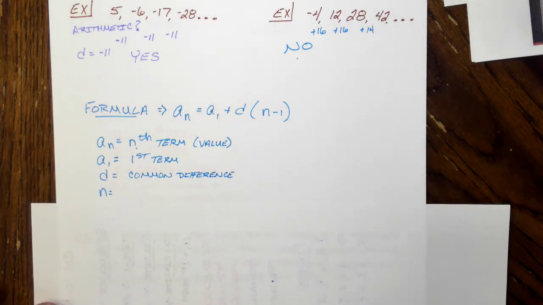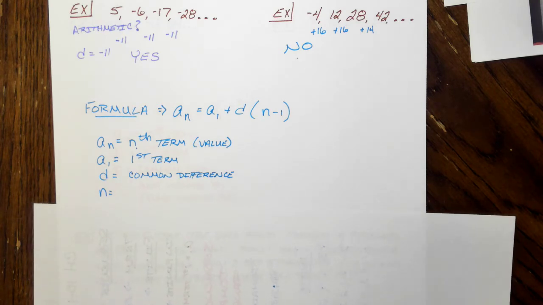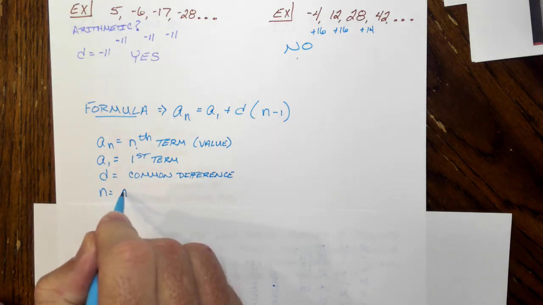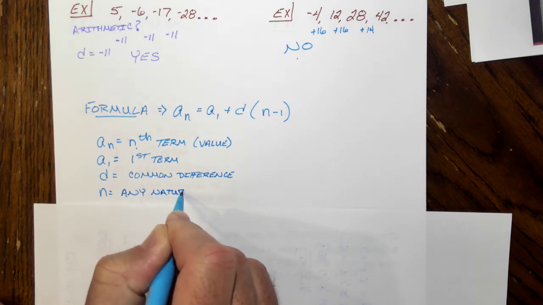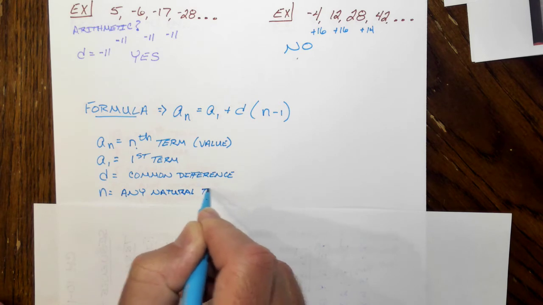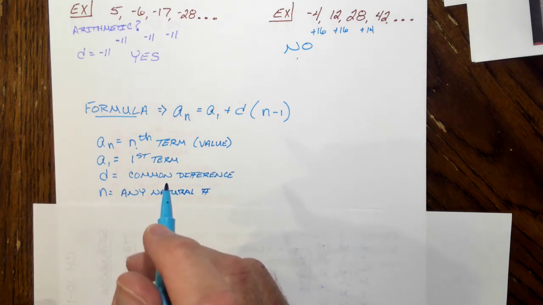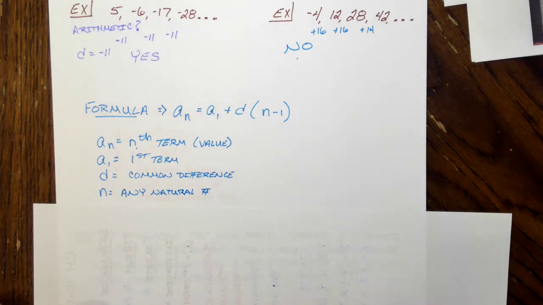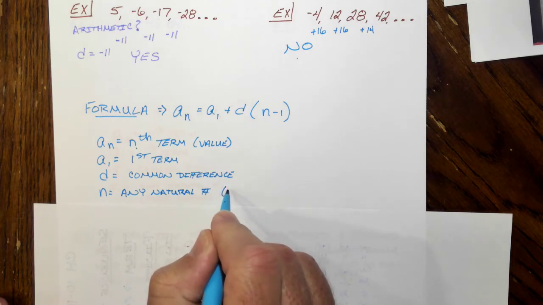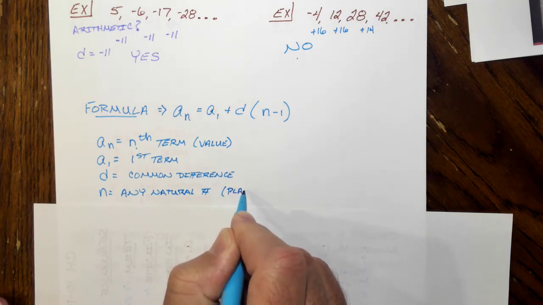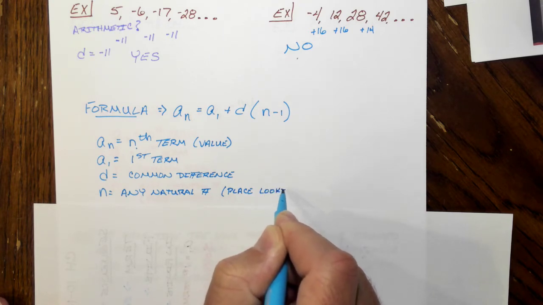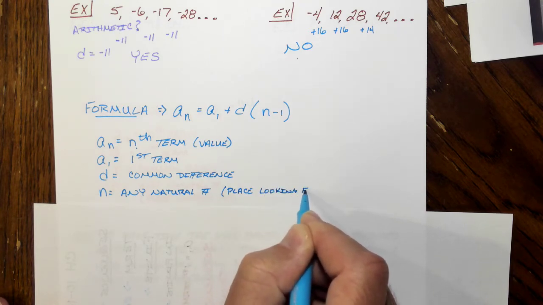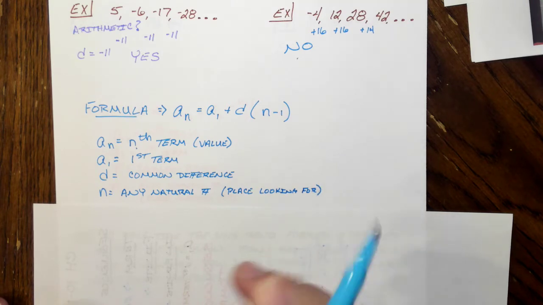N will now be any natural number. Look at it this way. It's the place we're looking for.